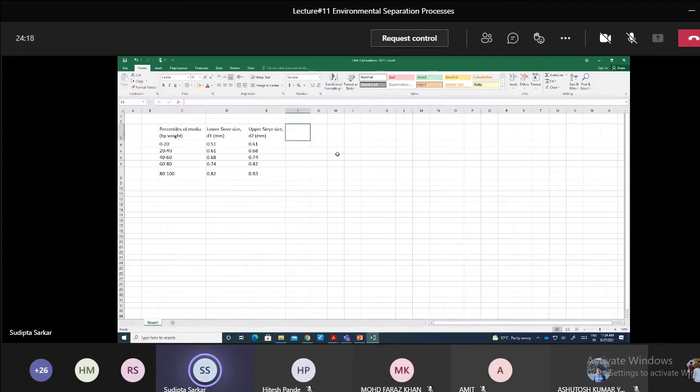So first, we need to find out the mean size. Let's write Di, in millimeter.